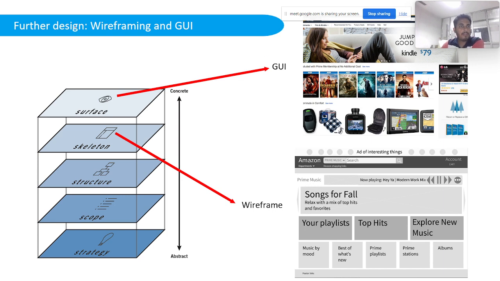Okay, so after we have designed our information architecture, the next activities are wireframing and GUI development. We have already discussed this in the design phase: what is wireframing, how we design wireframes, and what is GUI. GUI is basically the prototyping phase, which I have discussed previously. You would first make low fidelity prototypes with paper prototyping.